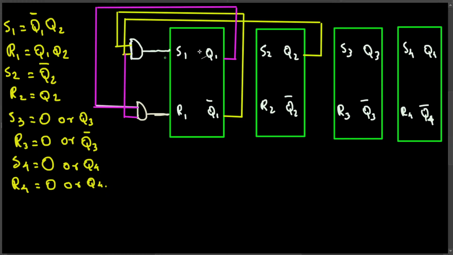Now let's look at the S2. S2 is connected with Q2 not. Let's grab a wire from here. Q2 not. And make sure you connect the bottom with clock. That's one we shouldn't forget. Let me do it right now. We connect all the bottom with clock.